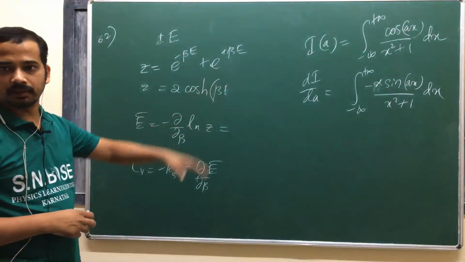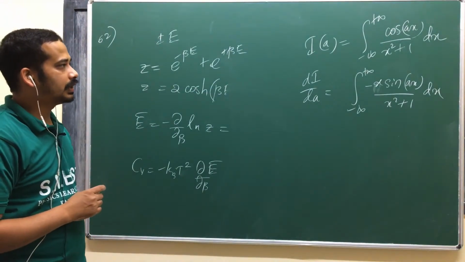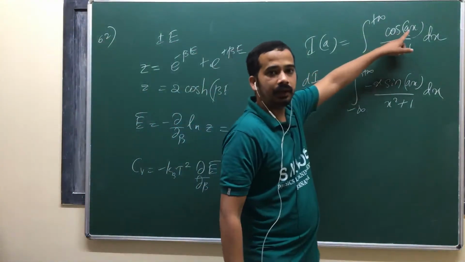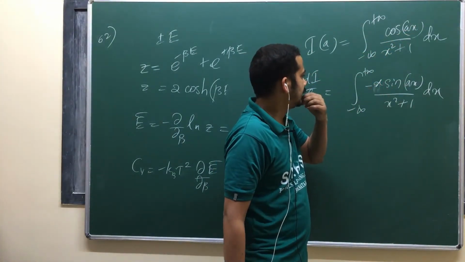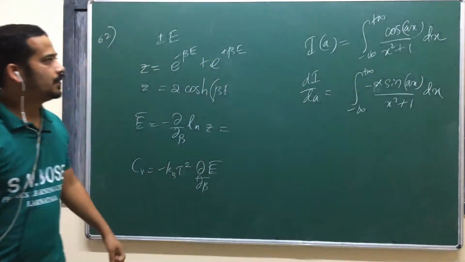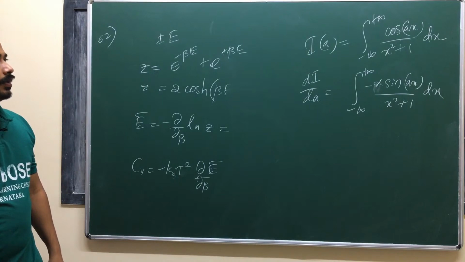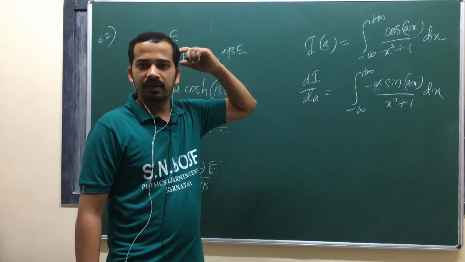I'm just thinking whether there is any other way. The derivative of cos ax with respect to a is minus sine ax, with x outside. I'm thinking if I take a couple of derivatives, whether I get the same integral, that kind of idea.